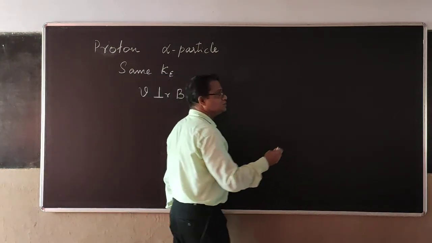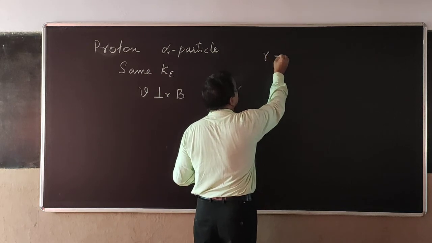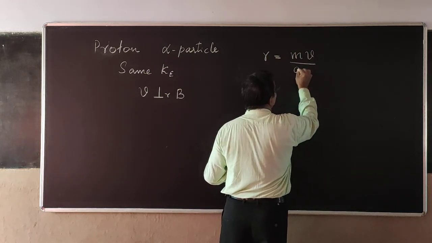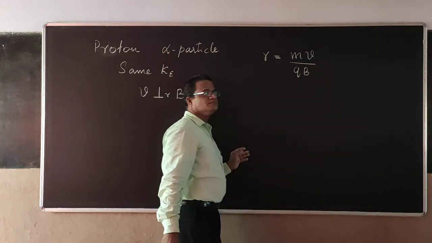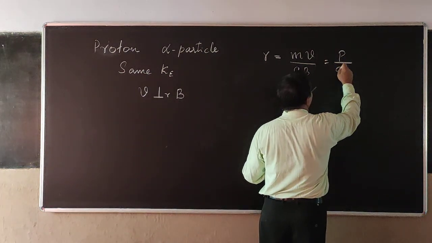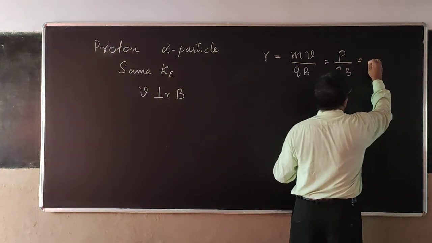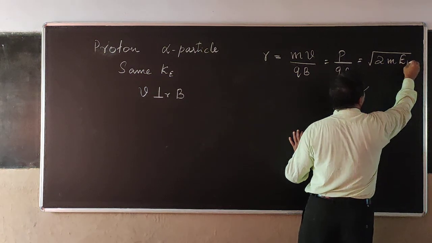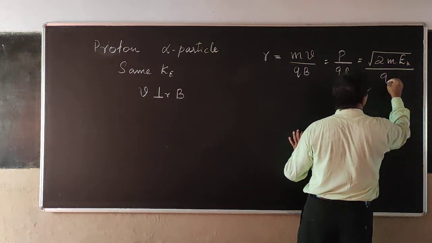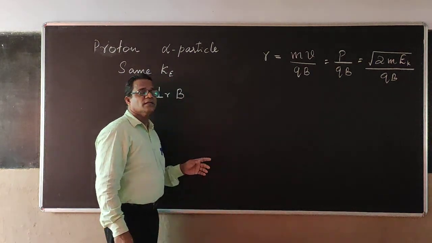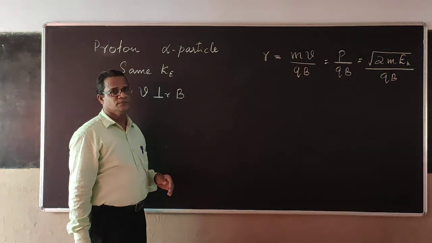So, according to the equation, R equals m v by q B, that is equal to p by q B, or that is equal to root of 2 m times kinetic energy divided by q B. These are the equations we have for the radius of the circular path.